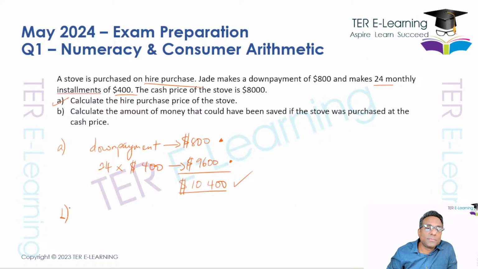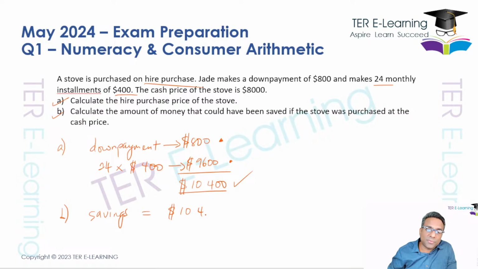Part B now. Calculate the amount of money that she would have saved if the stove was purchased at the cash price. So if you are able to purchase something at cash price, that's typically the way we need to go with this. So if you want to get the amount that you'll save, the savings would have been, we need to take the hire purchase price, which is always going to be more.